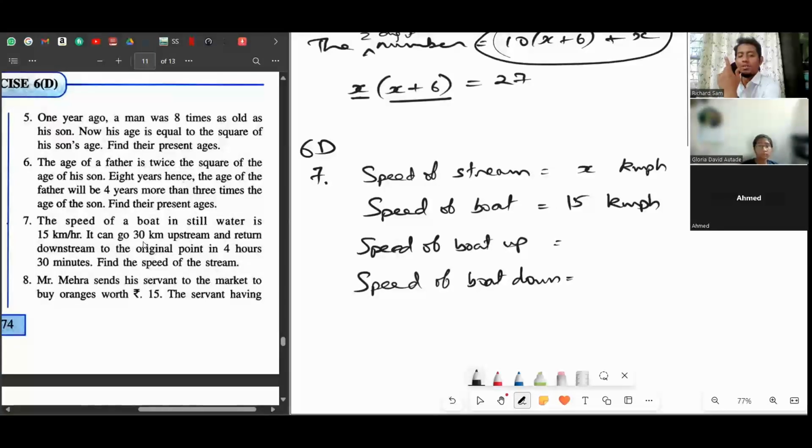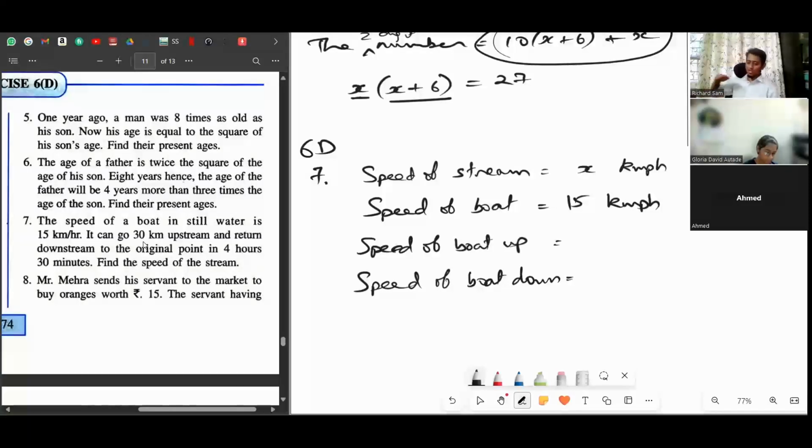It can go 30 km upstream and return back 30 kilometers in 4 hours 30 minutes. That is the total distance. And what I'm asking you is the speed of the boat upstream. Yes, that is the next part. We are still in speed. We have not gone to distance and time yet. So what is the speed of the boat upstream?